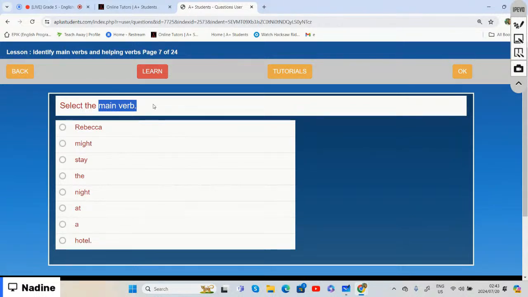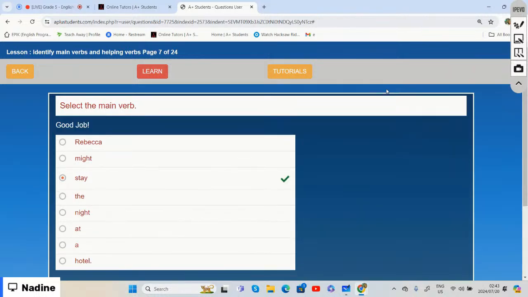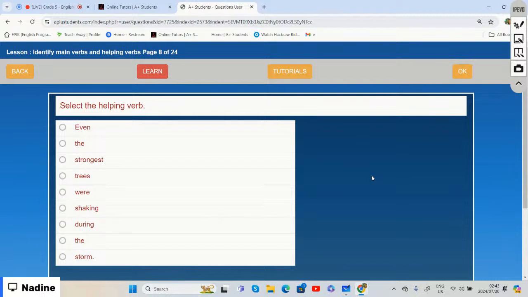All right, so if we were to select the main verb, right? Remember the main verb is the actual verb without the helping verb, right? Yes, stay is the main verb.